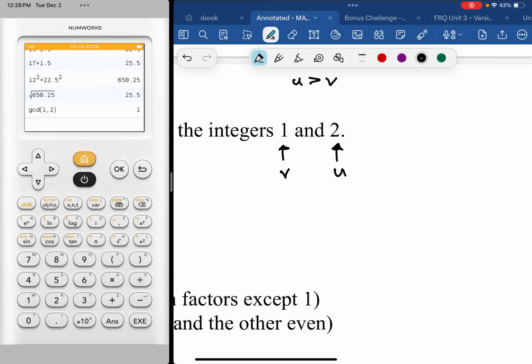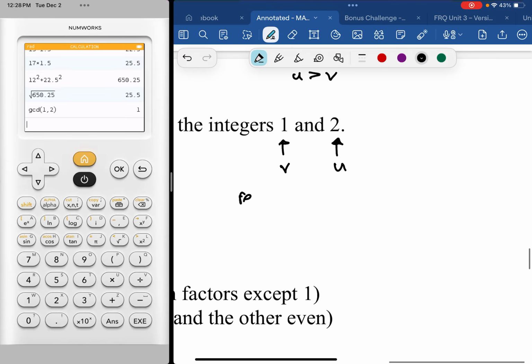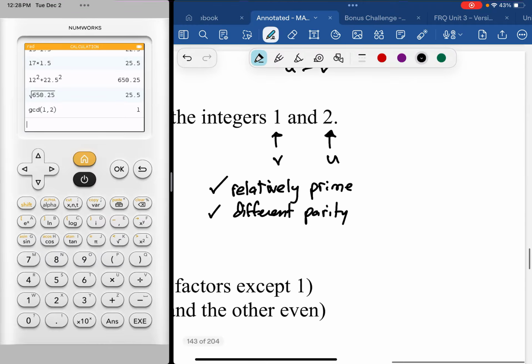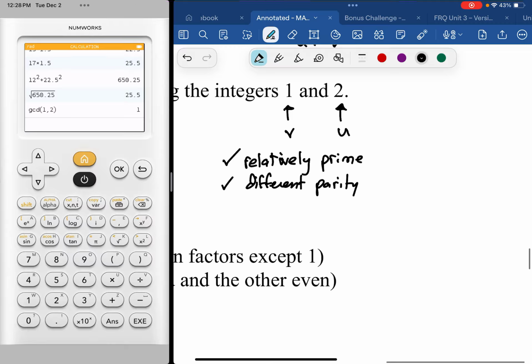So they are relatively prime. That's the first condition that needs to be met. And they have different parity. Parity is just talking about being even versus odd. So we meet both of the conditions here.